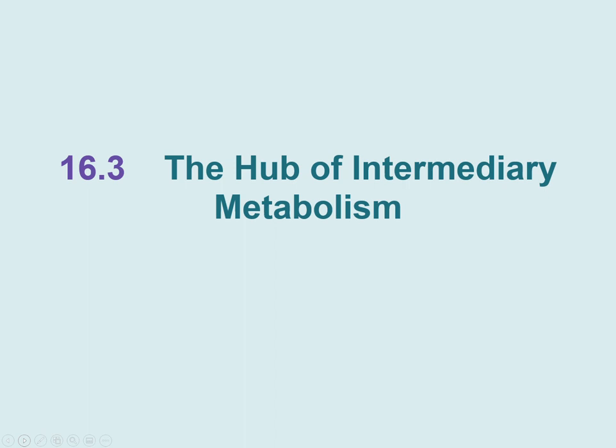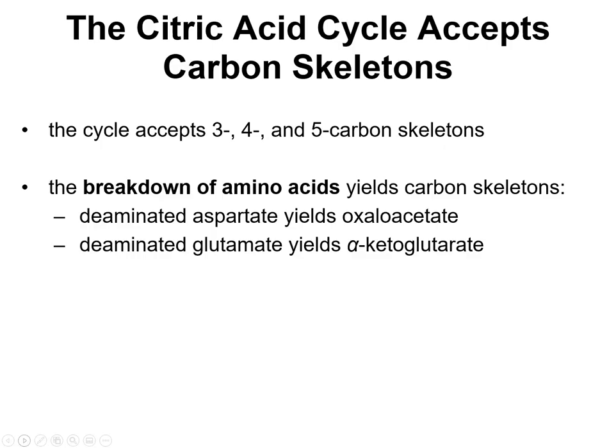Now we're going to talk about how the citric acid cycle actually feeds a lot of other cycles. So it's kind of seen as the hub. The citric acid cycle will accept 3, 4, and 5 carbon skeletons. Some of these skeletons can come from amino acids. We're breaking down amino acids.